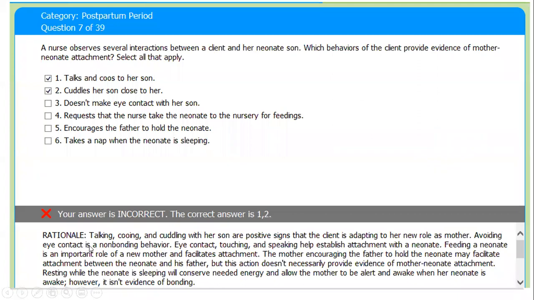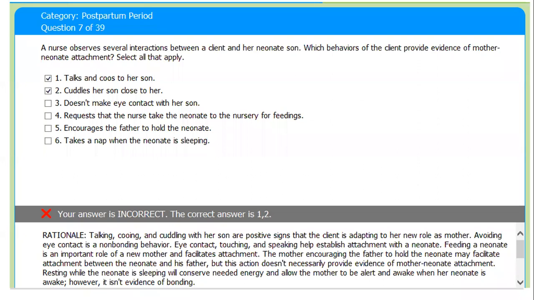Avoiding eye contact is a non-bonding behavior. Eye contact, touching, or speaking helps establish attachment with a neonate. Feeding a neonate is an important role of a new mother and facilitates attachment.